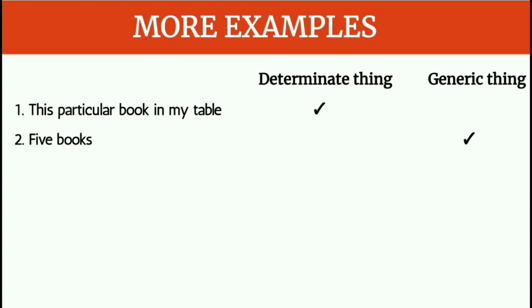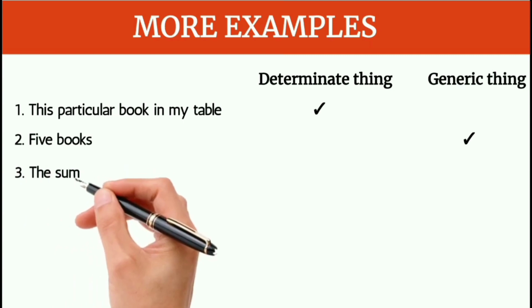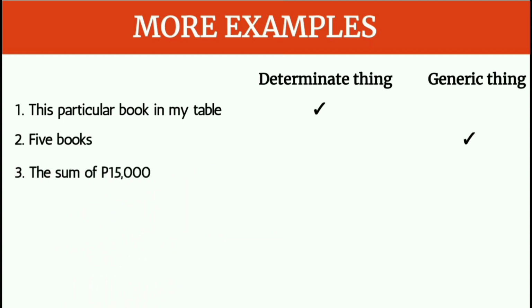Take note, kahit sinabi dyan na 5 books in accounting, or kahit ang sinabi dyan ay 5 books in algebra, still generic thing pa rin. Next, the sum of 15,000 pesos. Katulad lang to nung ating example kanina, 10,000 pesos. Therefore, this is considered as generic thing.